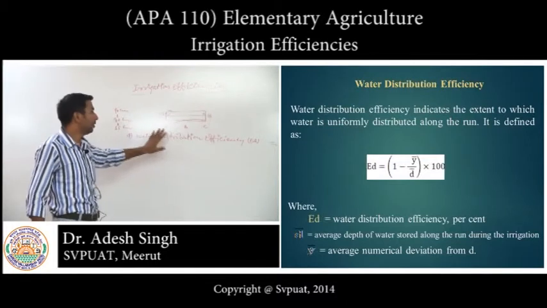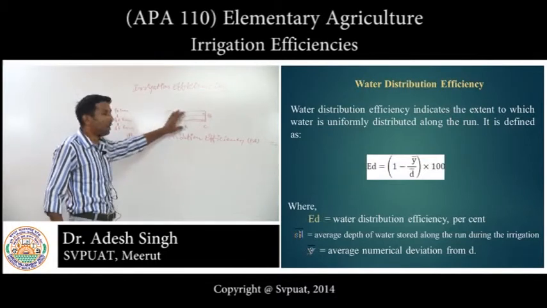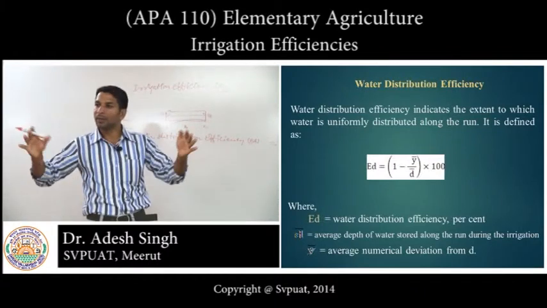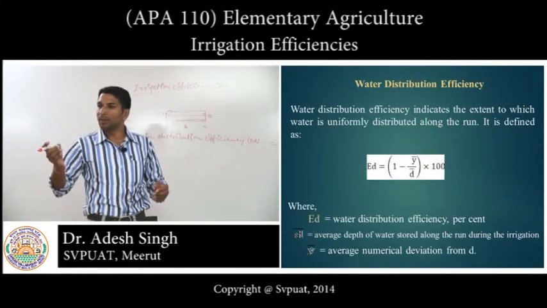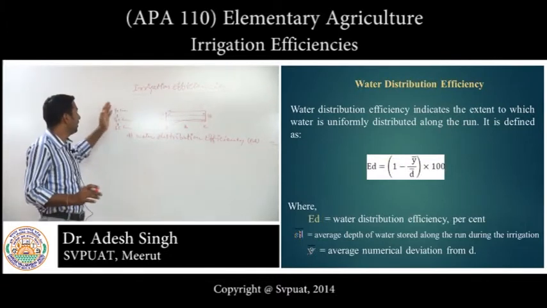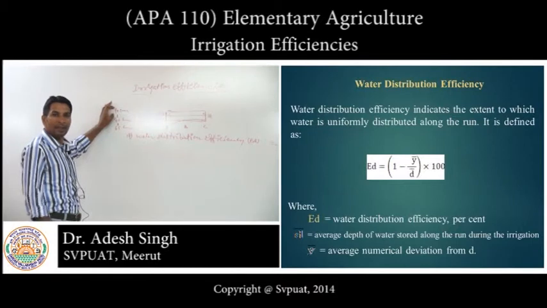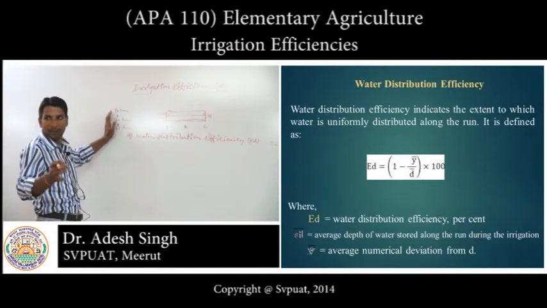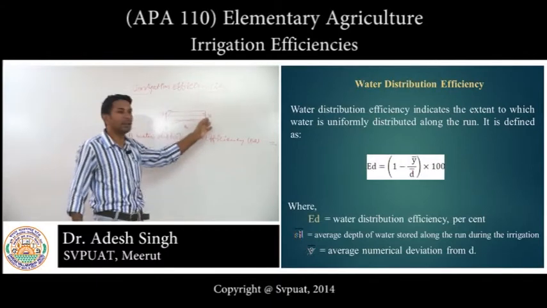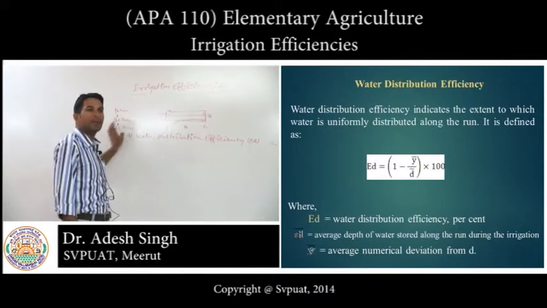Clear? So D bar means the average of the total plot, or you can say total furrow or total border strip. Suppose there are 3 points. At one point the wetness was up to 90 centimeter depth, at the second point only 80, and at this end up to 65 centimeter.